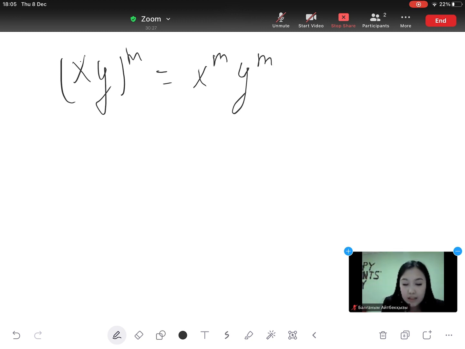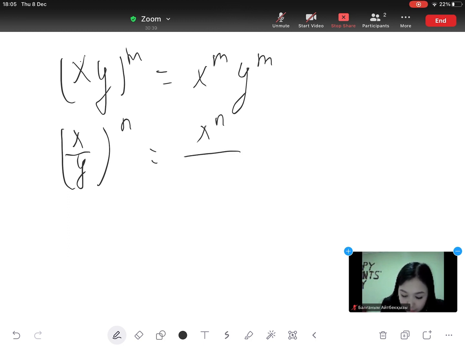And the second law shows the group x divided by y to the power of n, and it says you can write it as x to the n divided by y to the n.